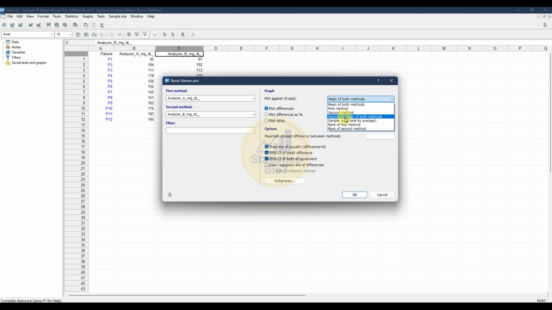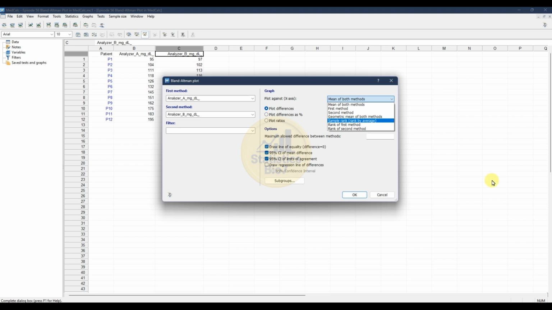The next one is the geometric mean of both methods, used when the measurements are positively skewed, commonly used for microbiology, hormone concentrations, gene expression and ELISA test estimates. The next one is the simple rank, the rank by the average, where instead of the actual value, patients are ranked.